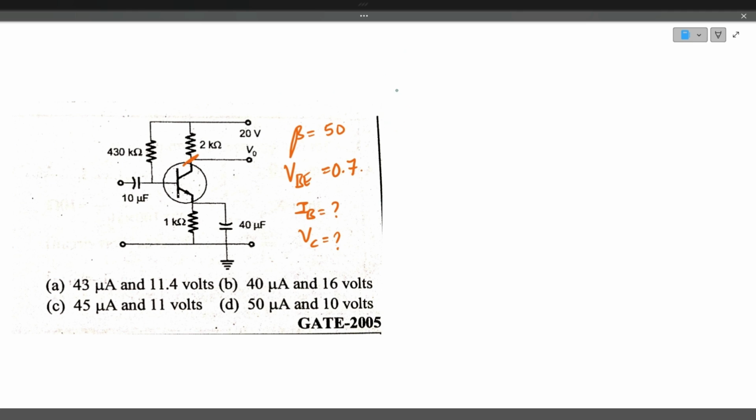Here the emitter current is equal to collector current plus base current, which can also be written as 1 plus beta into IB.